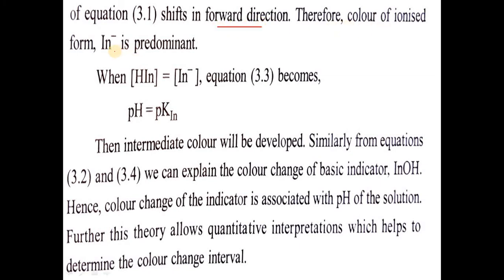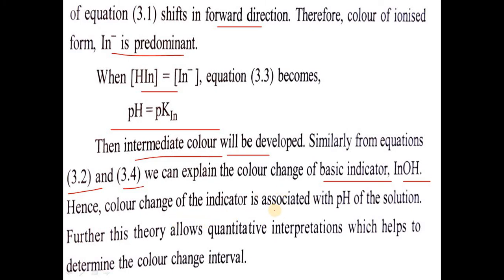Therefore the color of the ionized form IN⁻ is predominant in basic condition. When both concentrations, HIN and IN⁻, are equal, the equation becomes pH = pKIN, and then an intermediate color will be developed. Similarly, from equations 3.2 and 3.4 we can explain the color change of the basic indicator INOH.